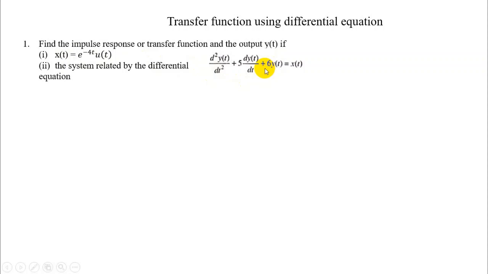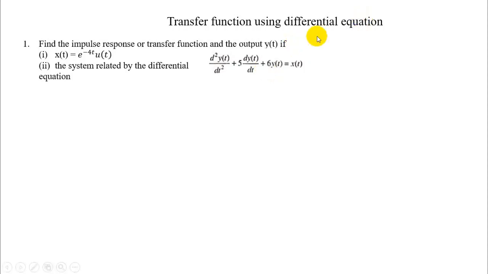Many times when we see problems of control system, for example a second order electrical system, we can present the system by a differential equation.